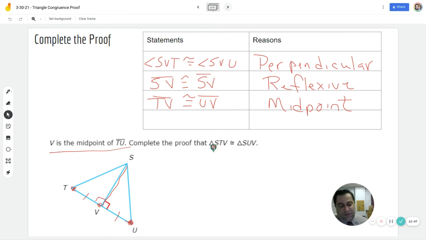They once again give me the congruence statement, which is nice. So triangle STV is congruent to triangle SUV. And a quick look here, we have a side, an angle, and a side. So it's going to be my side angle side. Let's take a look at the next one.